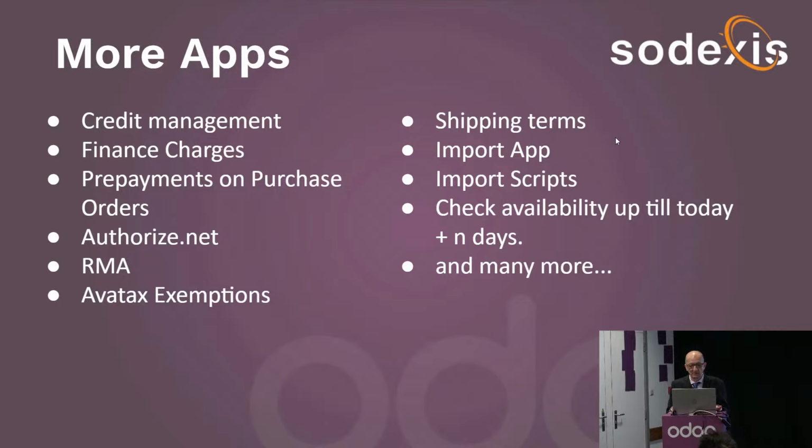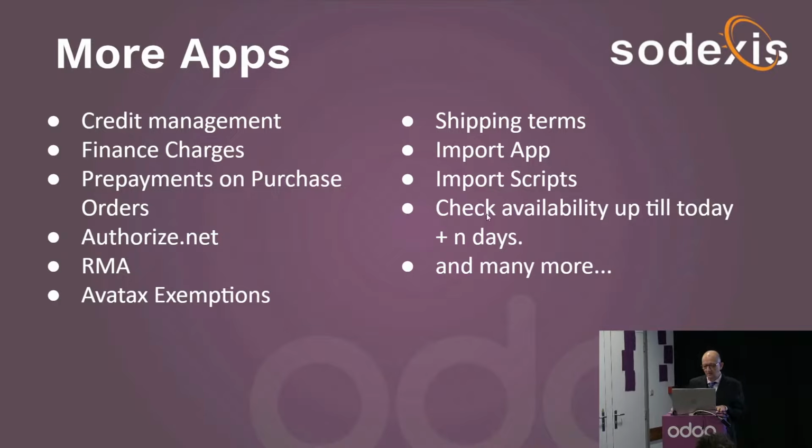We have shipping terms. We have the import app that I was already talking about that's using the same idea of translation tables. We have an import scripts app where you set up a Talend job. That's an ETL tool that enables you to run your data through a script and then import it into Odoo. But you can also do that with a button in Odoo.